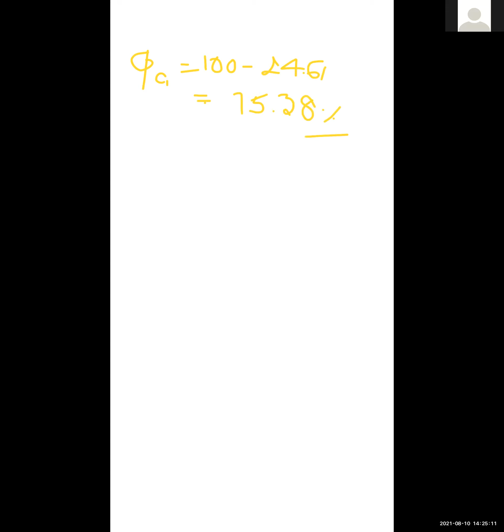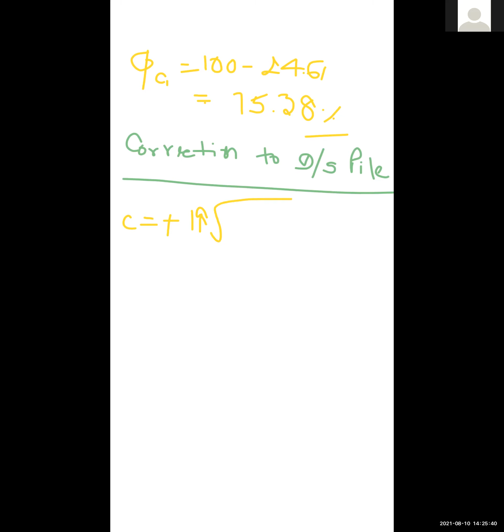Also correction for the downstream side pile. So for the correction in the downstream pile, we can put the value, that is C equal to 19 under root of d by b into (d dash plus d) by b.